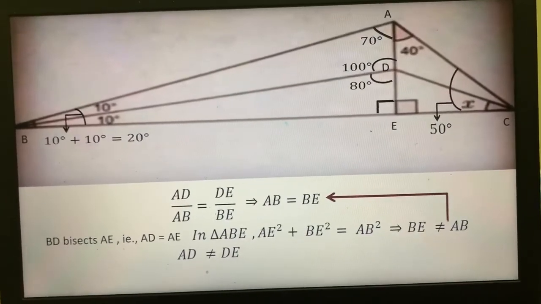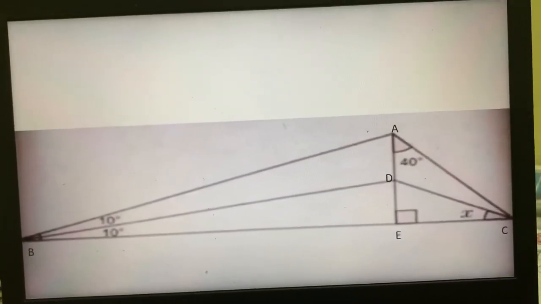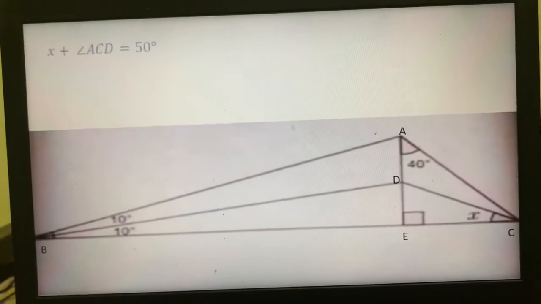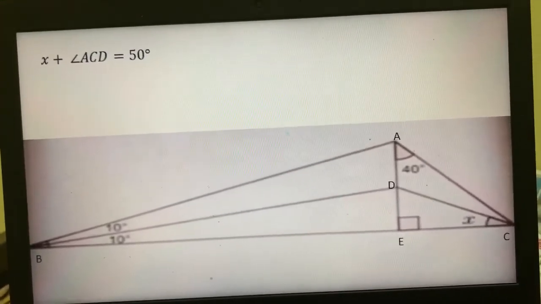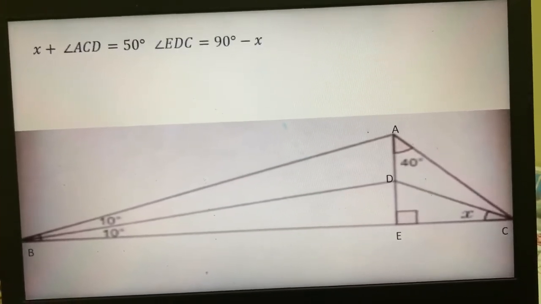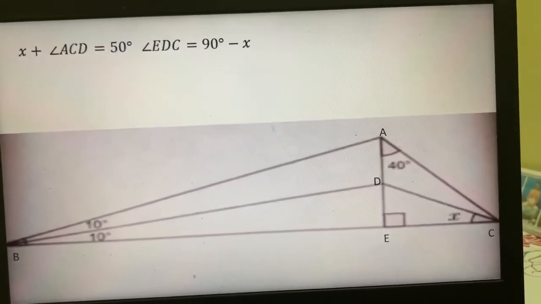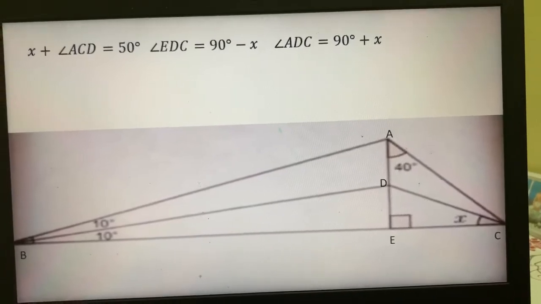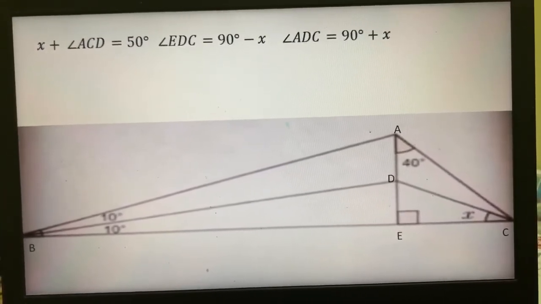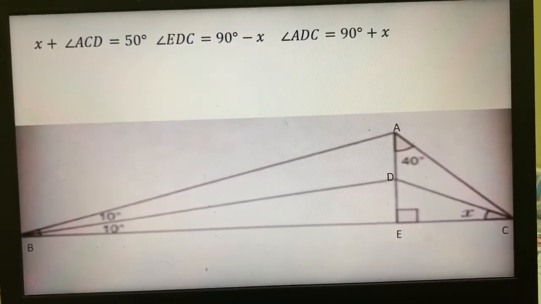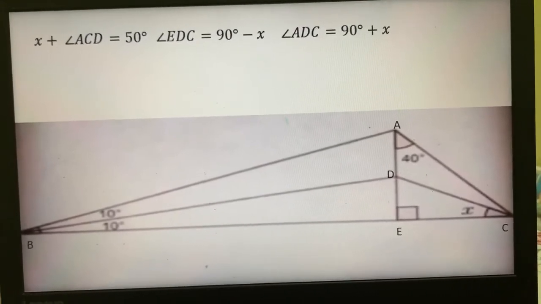Then what is possible? What things have we got with x? Let us first jot it down. X plus ACD equals 50 degrees. Angle EDC equals 90 degrees minus x. And angle ADC equals 90 degrees plus x. So all these three relations we are getting with x.